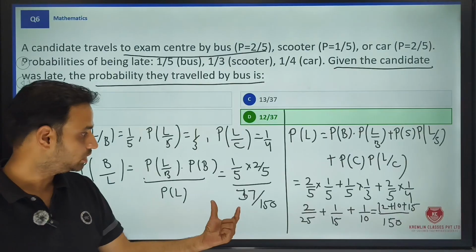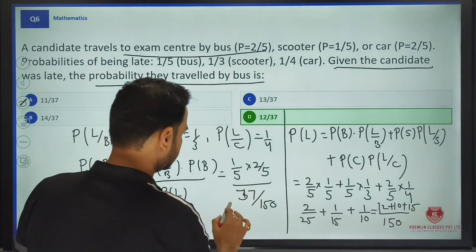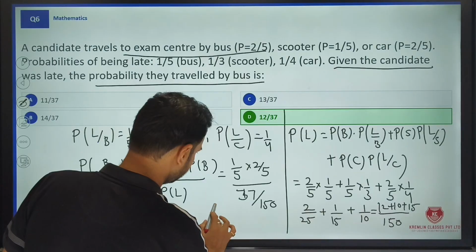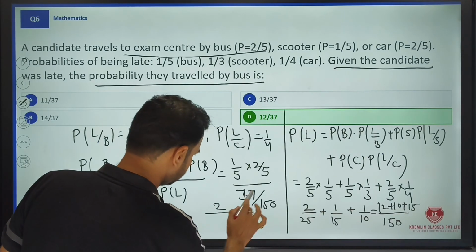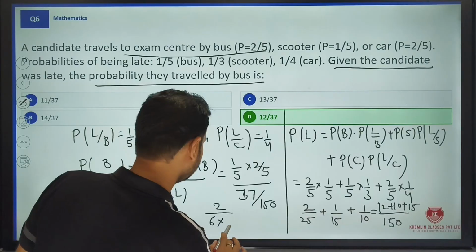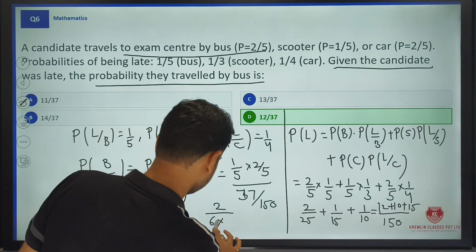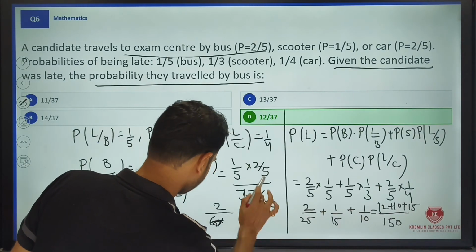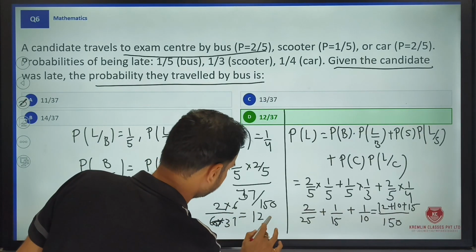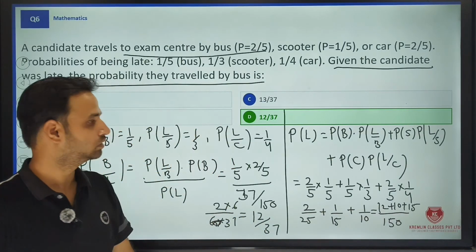This is the total probability. So it will be 12 by 37.